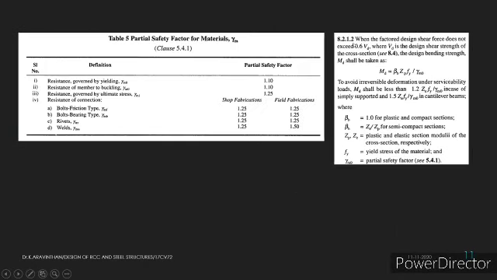Yes, in clause 8.2.1.2, when the factored design force does not exceed 0.6 VD, where VD is the design shear strength of the cross section, the design bending strength MD shall be taken as MD equal to beta Zp Fy divided by gamma M.